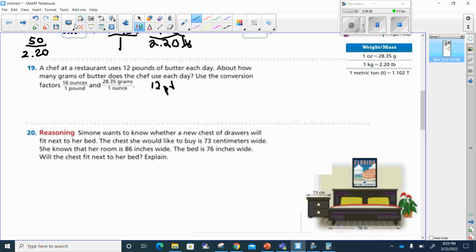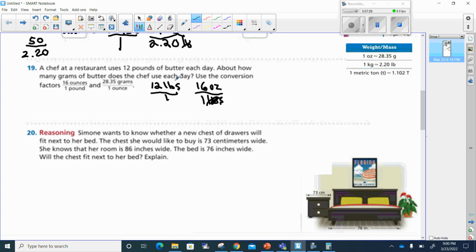So the reason they're saying to use this is I'm going to take 12 pounds. I'm sorry, that's not how I put it. I'm supposed to use pounds. 12 lbs over 1. Then we're going to have 16 ounces over 1 pound. The reason we do that is we'll be able to get rid of our pounds, right?